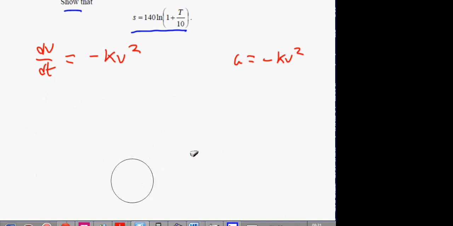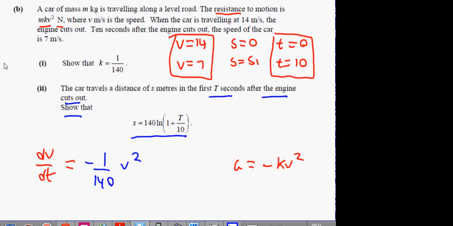We move back to where we began, and now that's going to be minus 1 over 140 v squared. Is that right? 1 over kv squared? Yeah.